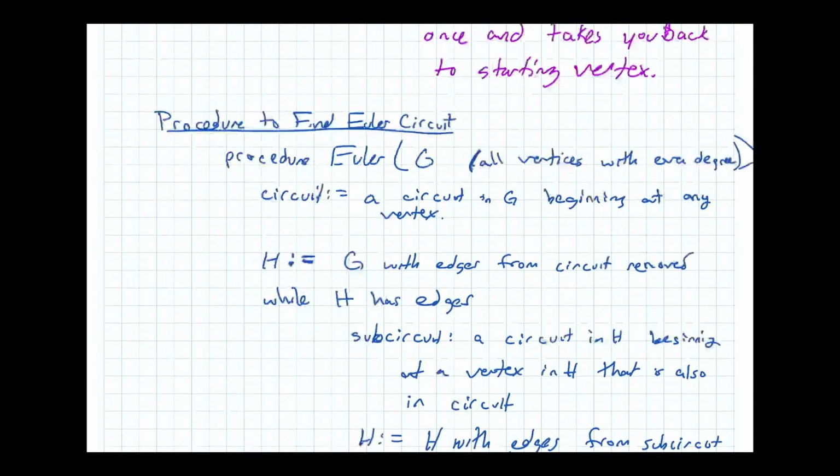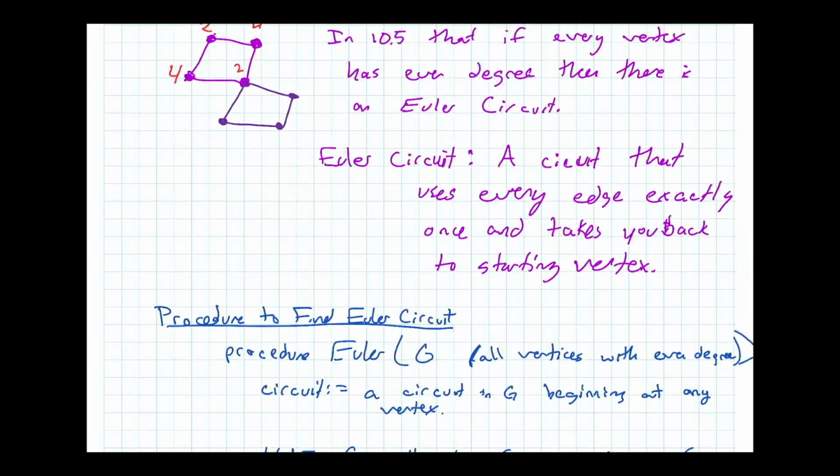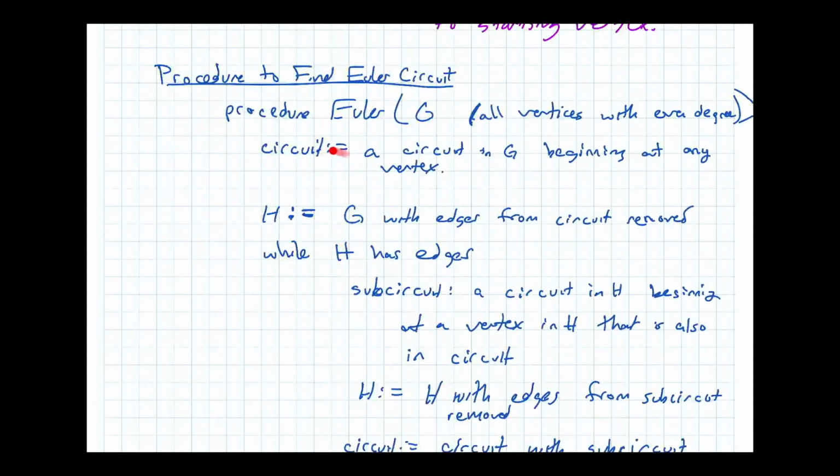So like the function make circuit does this, making a circuit at G, and it does this, subcircuit a circuit in H, right? So make circuit does this right here and this right here, and then remove edges does this right here and this right here.